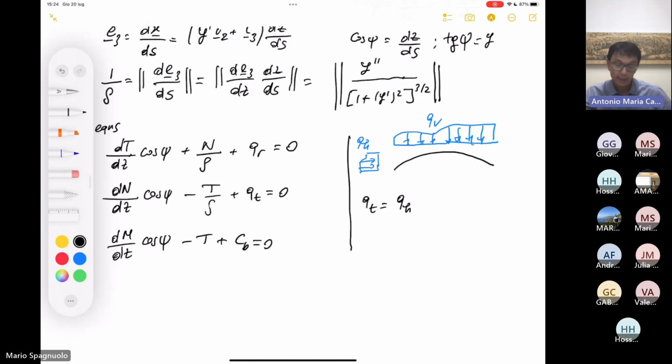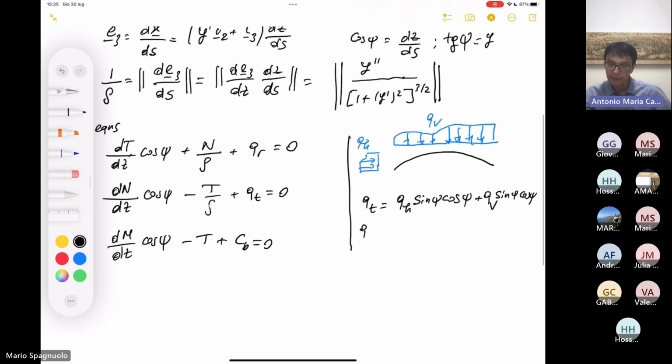This will be QH sin psi cosine psi, because we have a projection of the load, and we also have to transform from dz to ds. So there is this double product of sine and cosine, and then there is plus QB sin psi cosine psi.